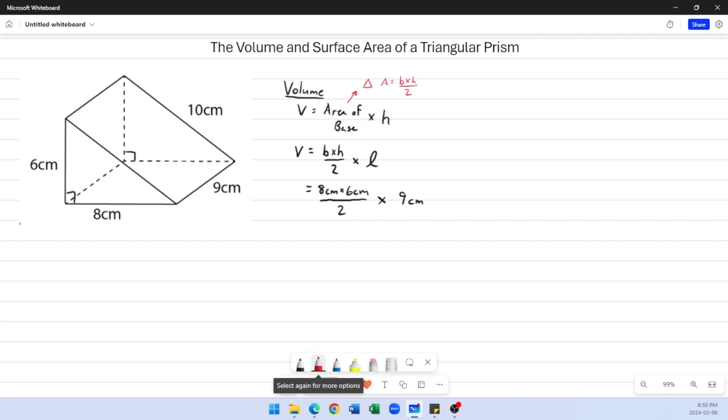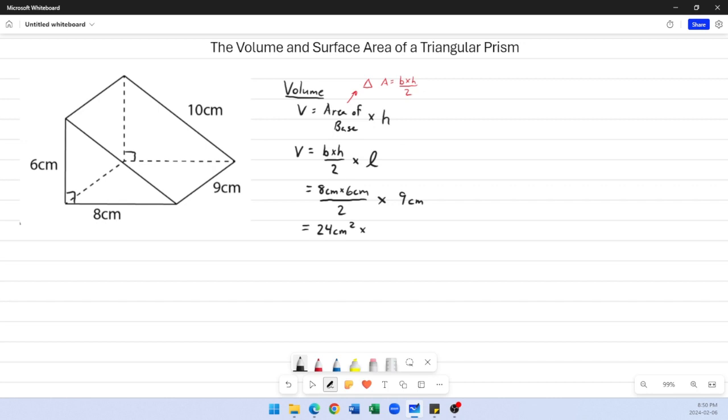Now, for the area of the base, I do want to do this first. So area of the base, 8 times 6, that's 48. And then divide it by 2. So 48 divided by 2 is 24 square centimeters.